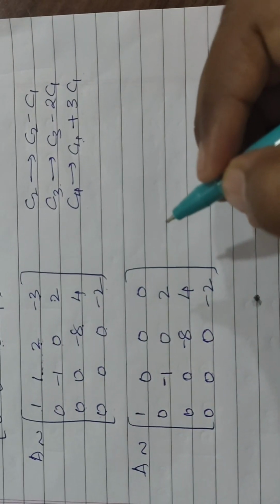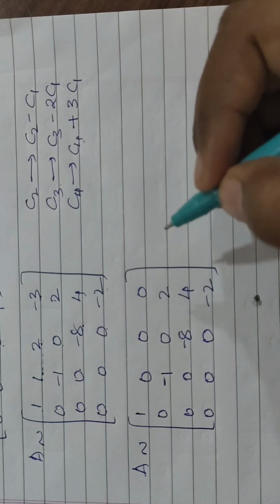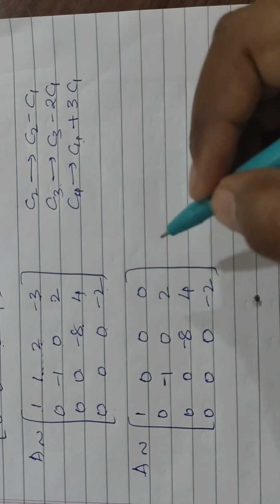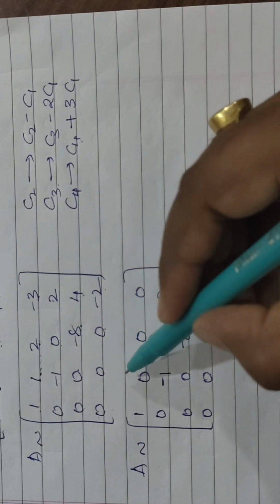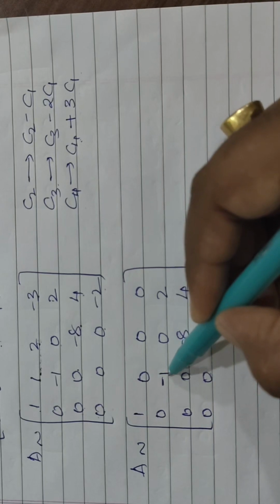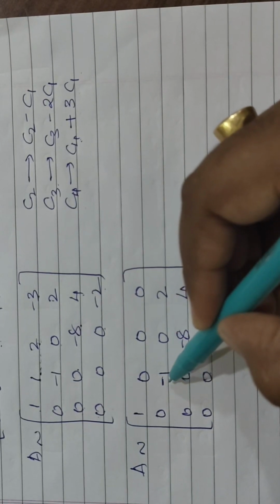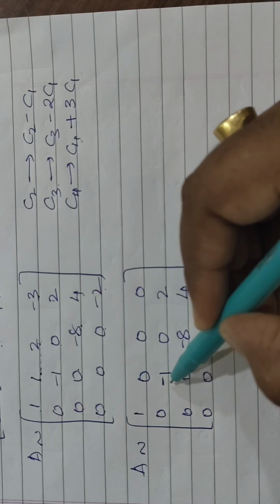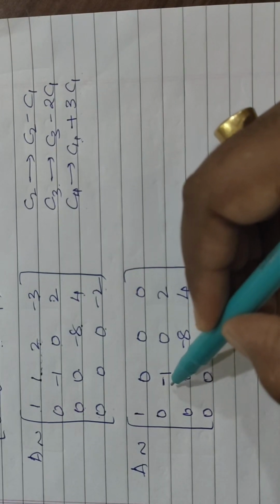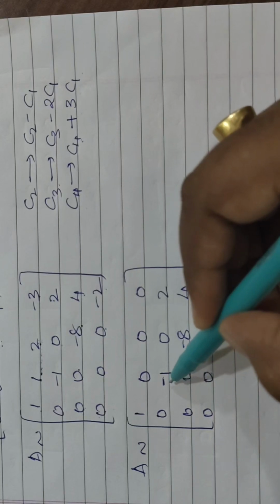Now we'll move to the second step. In the second step, we'll go to the second column, second element. First, we'll make this 1, because in the normal form we need the elements only 1 and 0. There should be no elements other than 1 and 0.